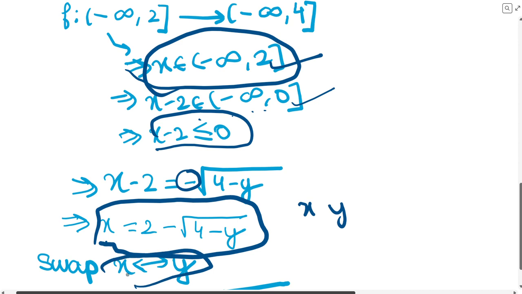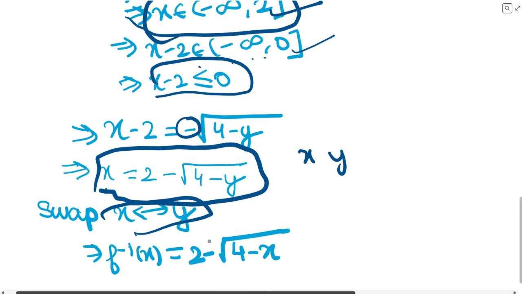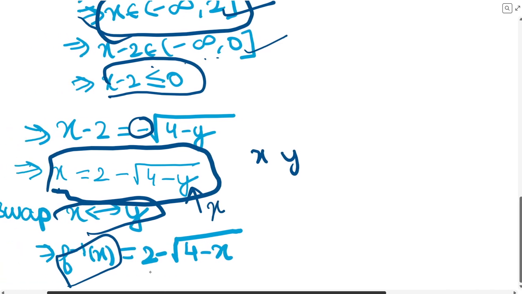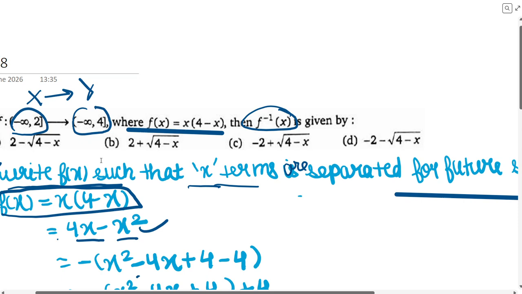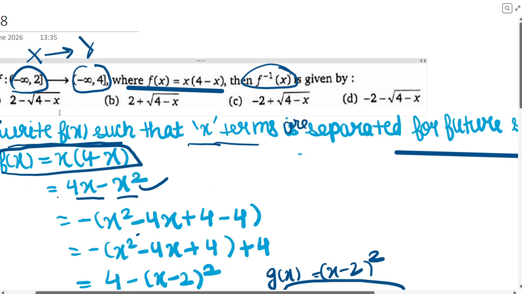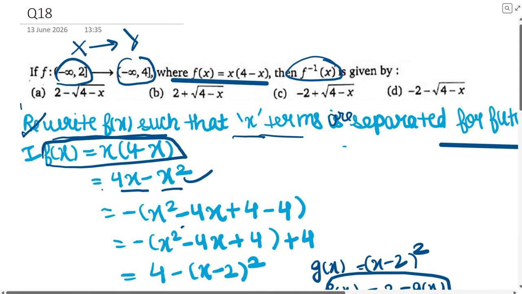Rather than y in place of x, we'll put the inverse of the function in place of x, and in place of y we'll put x. Then we'll finally get the inverse, which is 2 minus under root of 4 minus x. So that makes our option A correct.